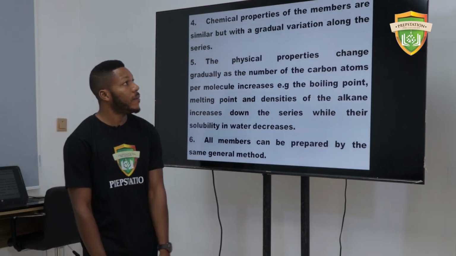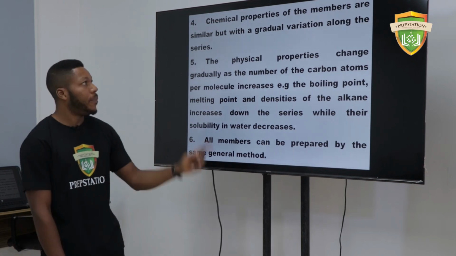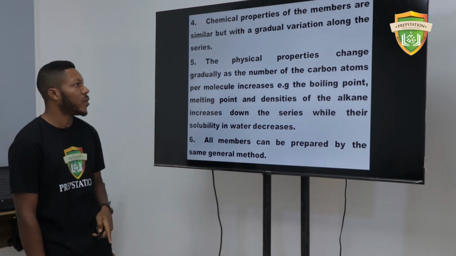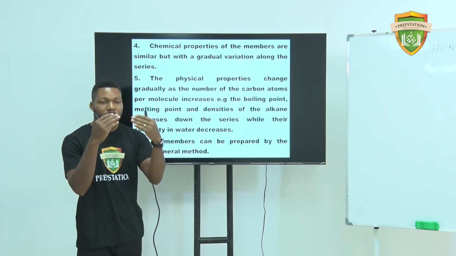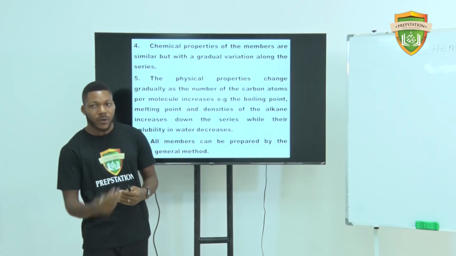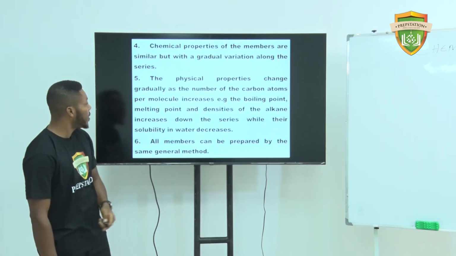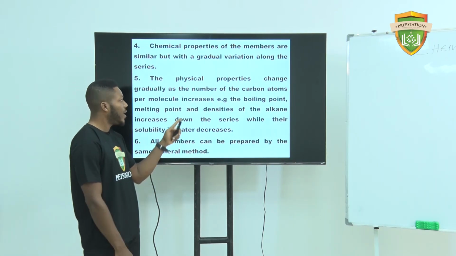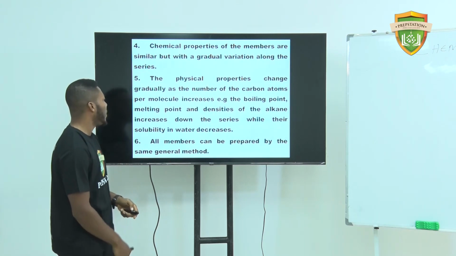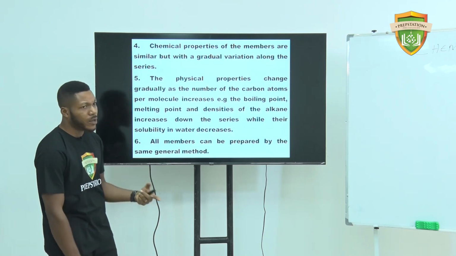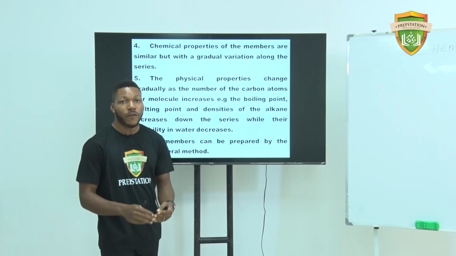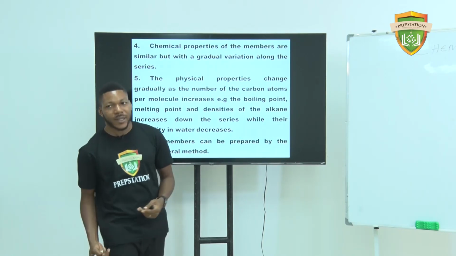Chemical properties of the members are similar, but with a gradual variation along the series. They have the same chemical properties, but as it goes down the group, there are some little changes. Then the physical properties change gradually as the number of carbon atoms per molecule increases. For example, boiling points. The boiling point of each of the homologous series increases down the group.